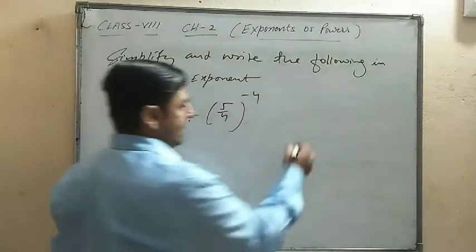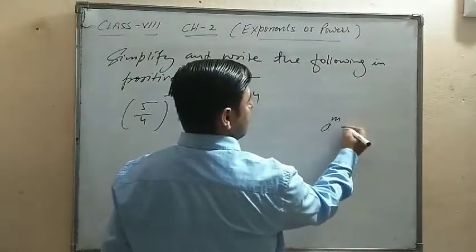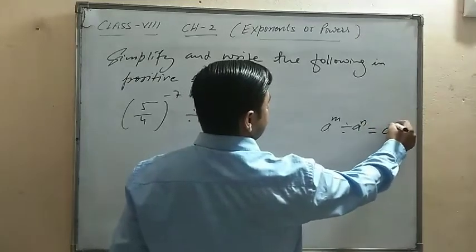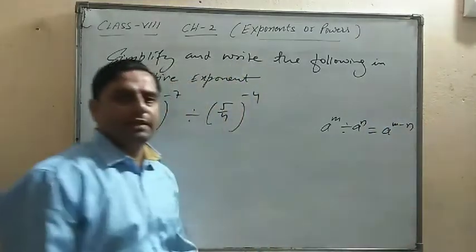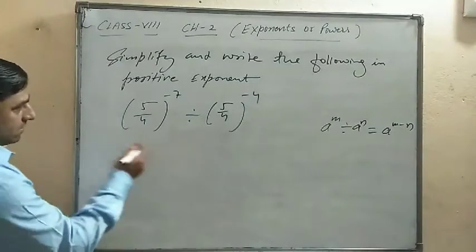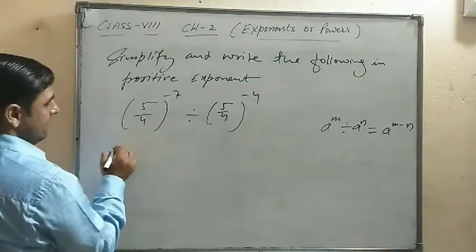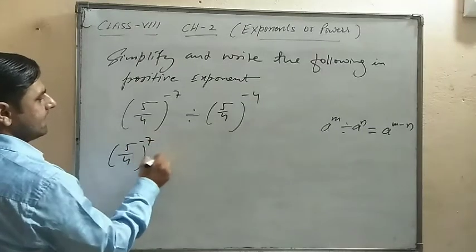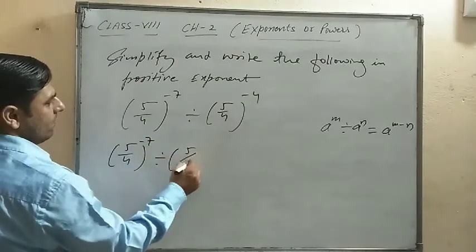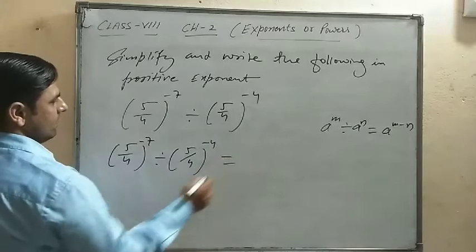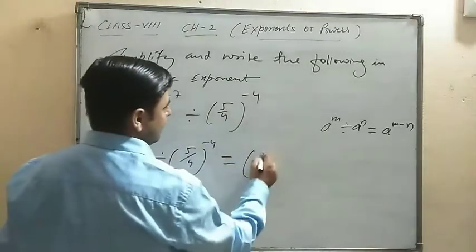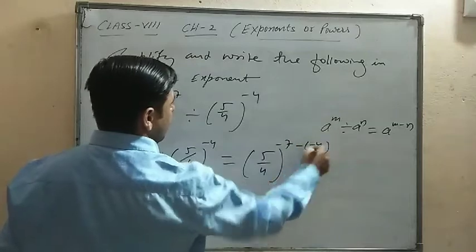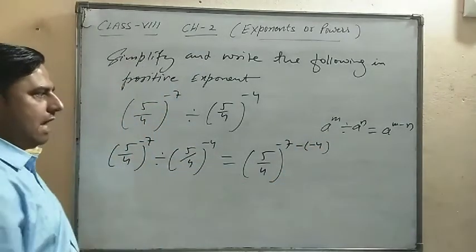So one more identity is there: a raised to power m divided by a raised to power n is equal to a raised to power m minus n. So now first we will simplify. 5 upon 4 raised to power minus 7 divided by 5 upon 4 raised to power minus 4 can be written as 5 upon 4 raised to power m minus n.